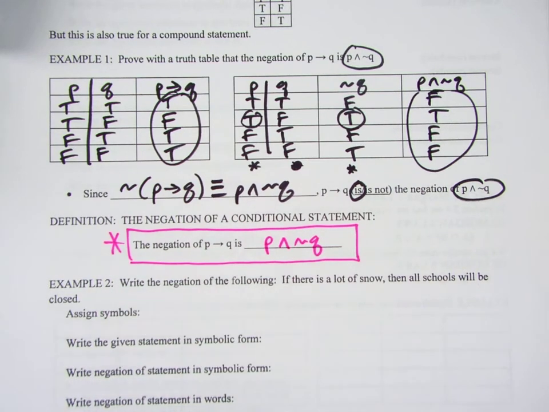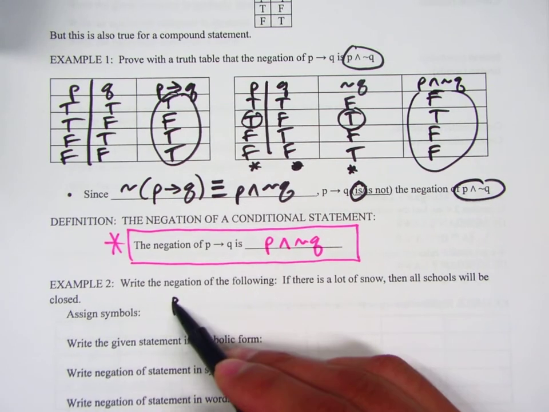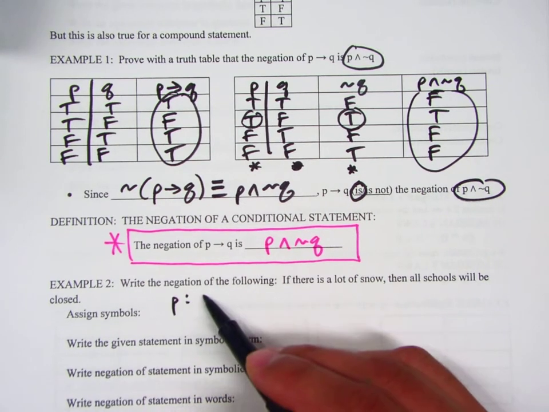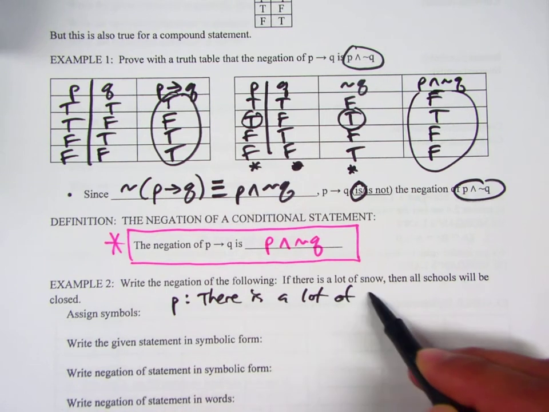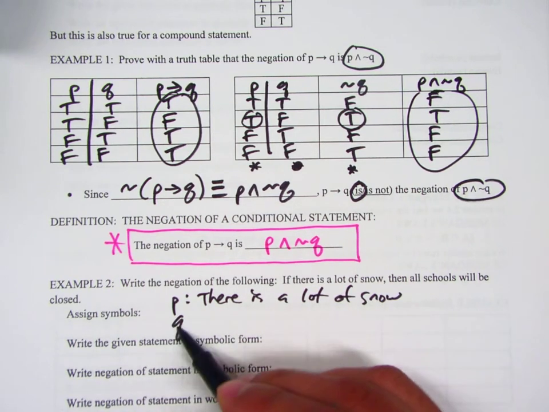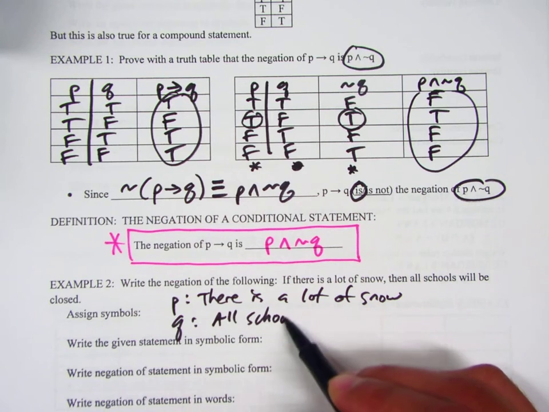Let's just do this example right here. If there is a lot of snow, then all schools will be closed. So let's say P is there is a lot of snow. And let's say Q is all schools will be closed.